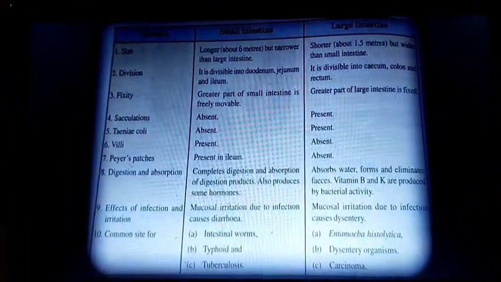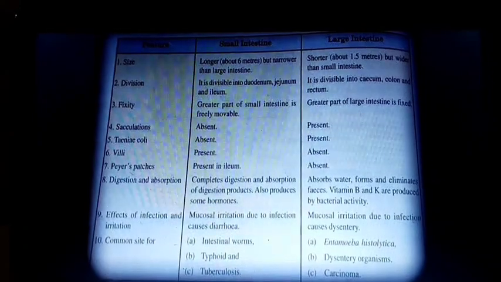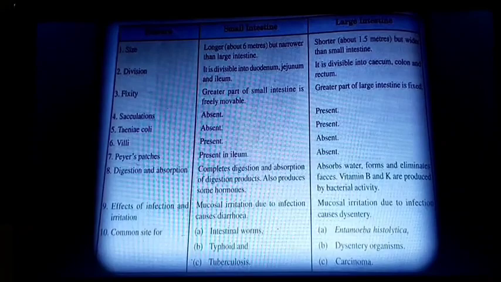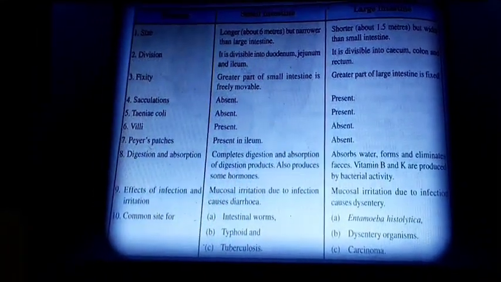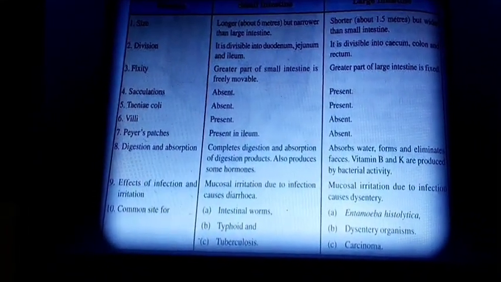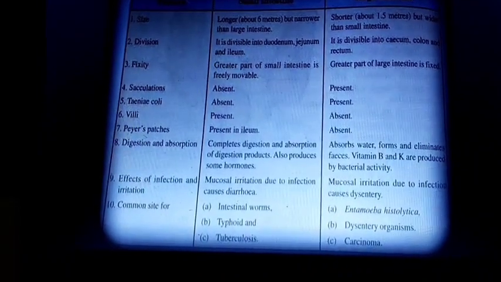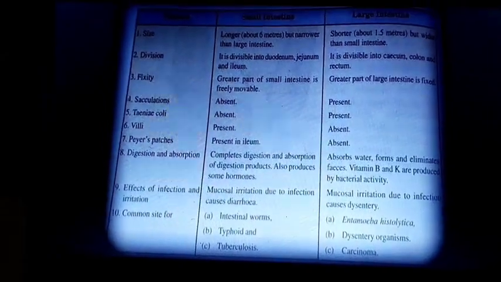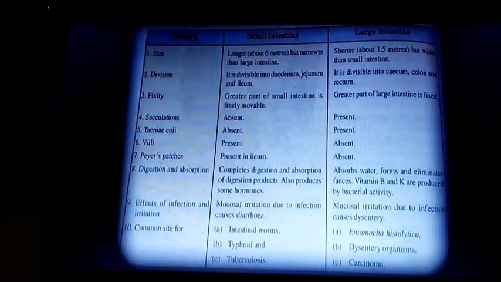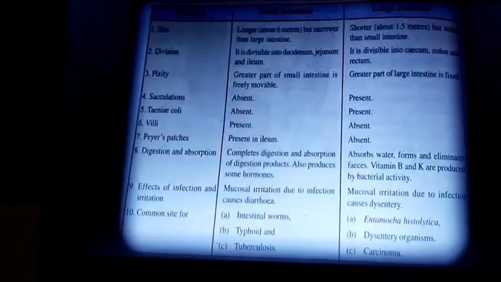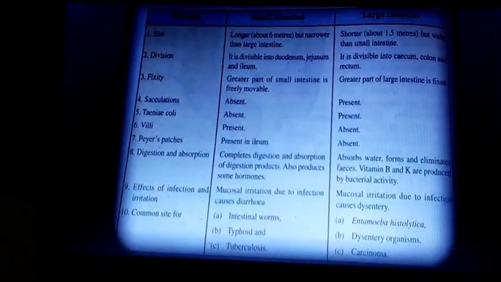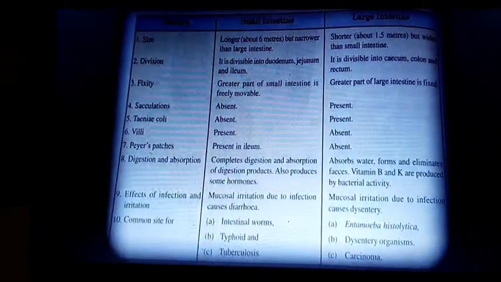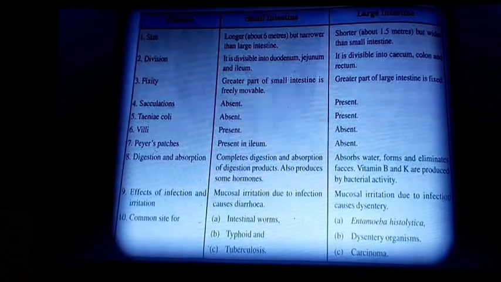Now you can go for the difference between the small intestine and large intestine. First, size. The small intestine is longer, about 6 meters. The large intestine is 1.5 meters, or 150 centimeters. But the small intestine is narrower than the large intestine, and the large intestine is wider than the small intestine.